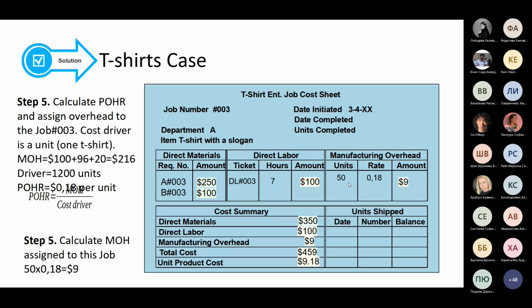So we sum up all the expenses and calculate the total cost, which is equal to 459, and unit product cost, which is equal to $9.18. So this is a total unit product cost.